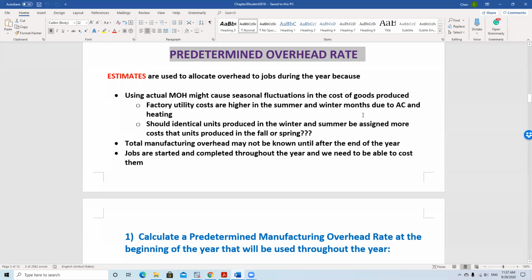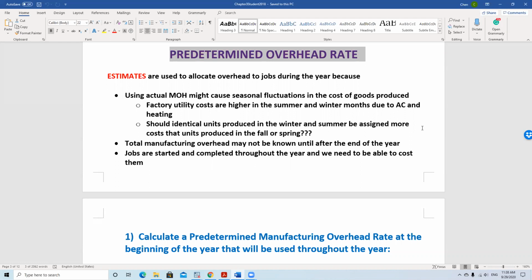We usually do that during the year because some of the overhead costs are seasonal, for example, you will use more AC in summer than in the other seasons, and then you cannot say your job cost will be higher in summer, because it's not something that's related to your production, and it will be noisy for your cost analysis.